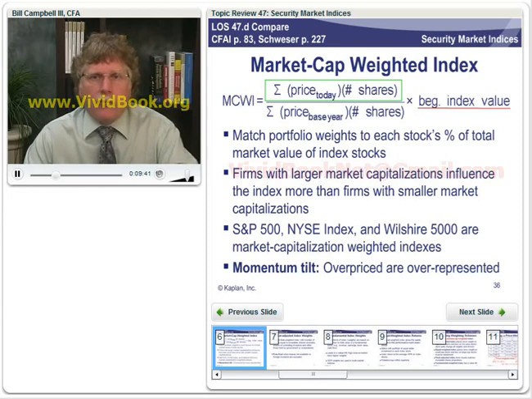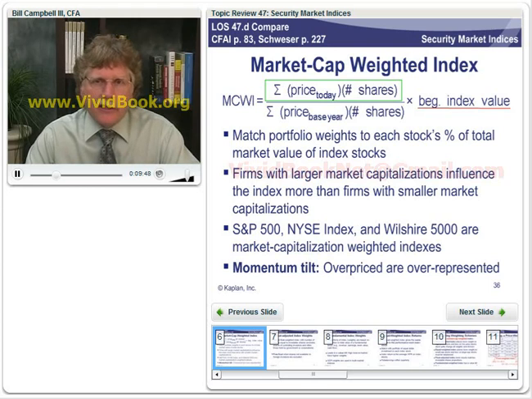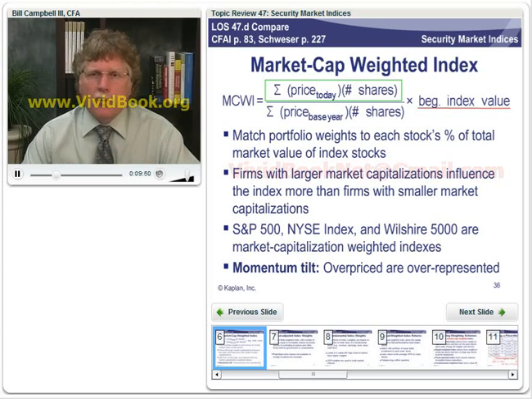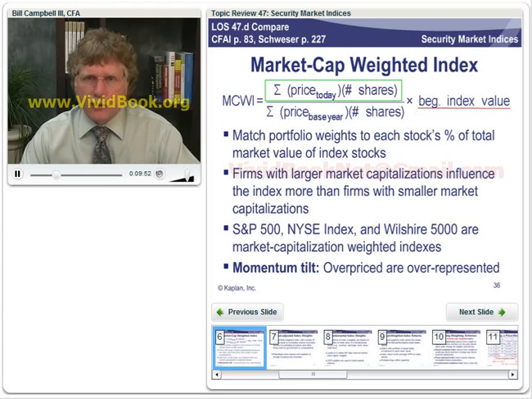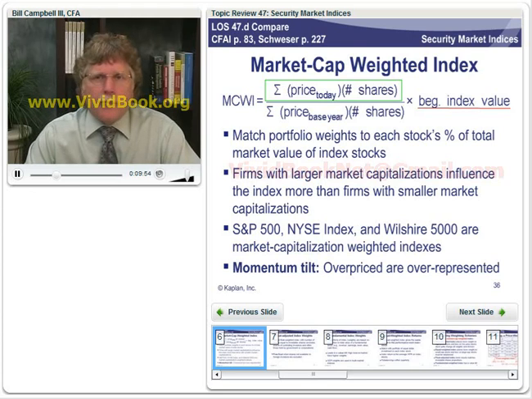So it doesn't matter exactly what the share price is, but what the total market capitalization is. And this index is biased toward the firms with the largest market capitalization. Examples of market cap weighted indices are the S&P 500, the New York Stock Exchange Index, and the Wilshire 5000. These are all market cap weighted indices.